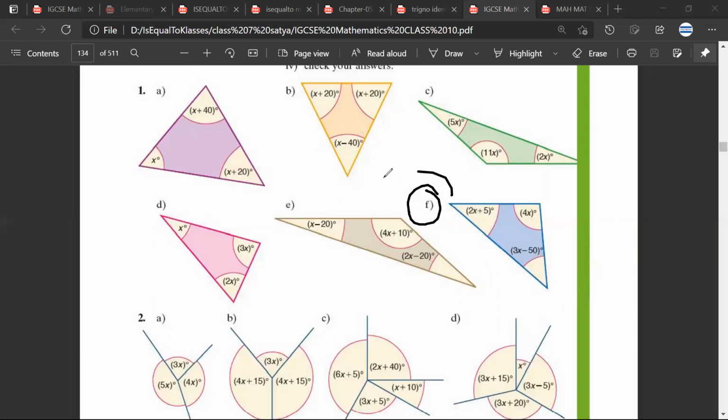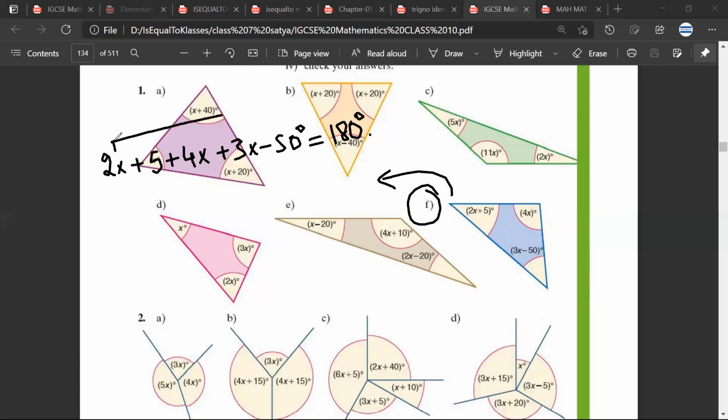Mr. Sarthak, how do I do F part? So 2x plus 4x plus 3x minus 50 plus 5. Then 2x plus 4x plus 3x will become 9x. Yeah.